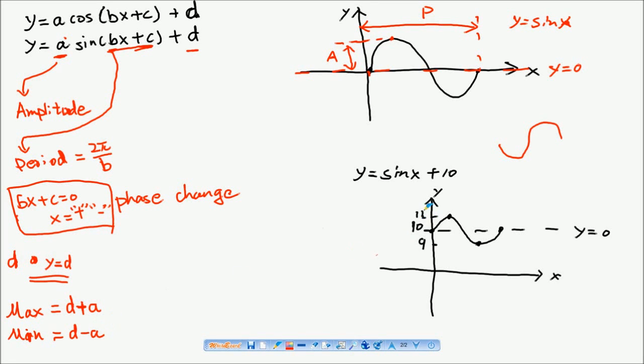If the whole graph moves up, the amplitude doesn't change, but the maximum point of the graph changes, which you can find by just d plus a. Now let me do an example.